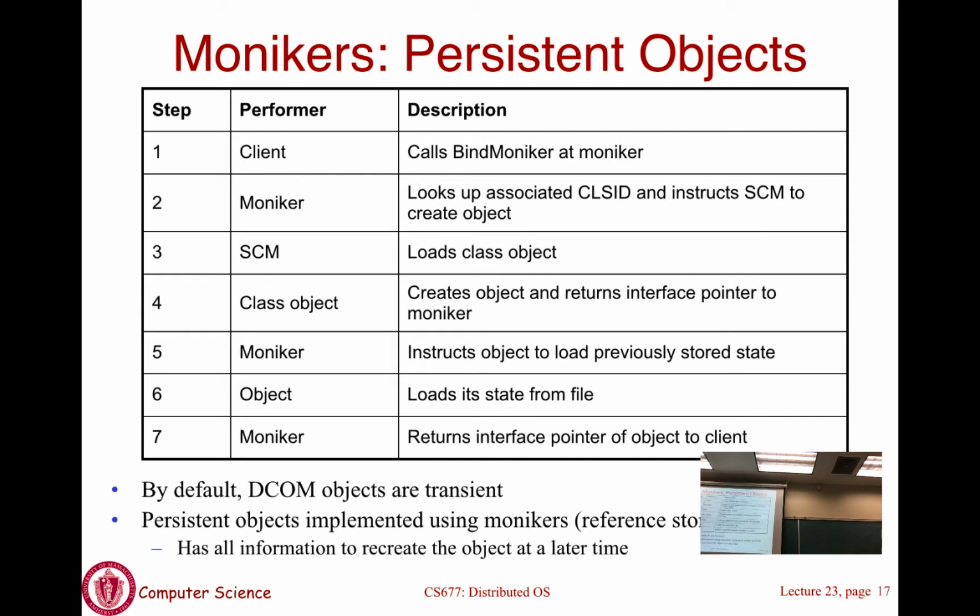If you want the state of the object to live beyond the lifetime of a process, you have to make it a persistent object, and you're going to use a special type of object which is called a moniker object, which will again automatically allow the runtime to save that object state from the process memory to disk, and then you can use a handle to reinstantiate it, and it will appear in some other process's memory.